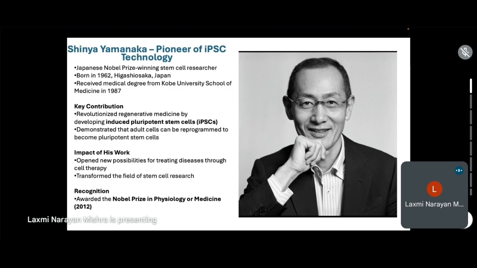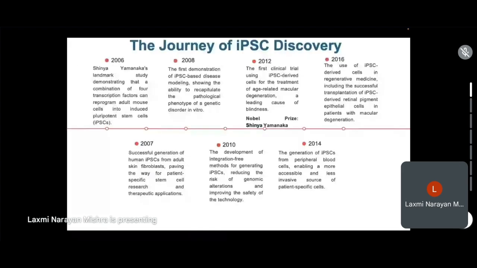He revolutionized regenerative medicine by developing iPSCs and demonstrated that adult cells, skin cells, blood, can be reprogrammed to become pluripotent stem cells, and they have the capacity like embryonic stem cells. This opened new possibilities for treating diseases through cell therapy and also transformed the field of stem cell research. So there is no ethical concern now.